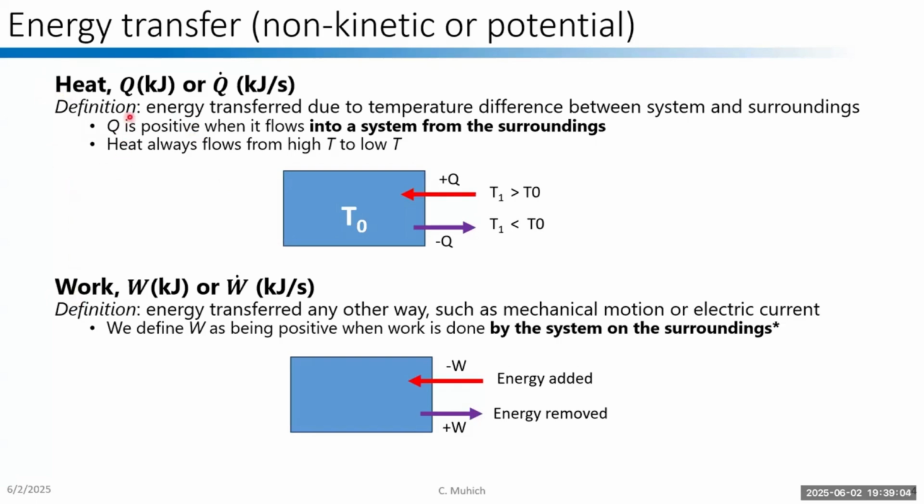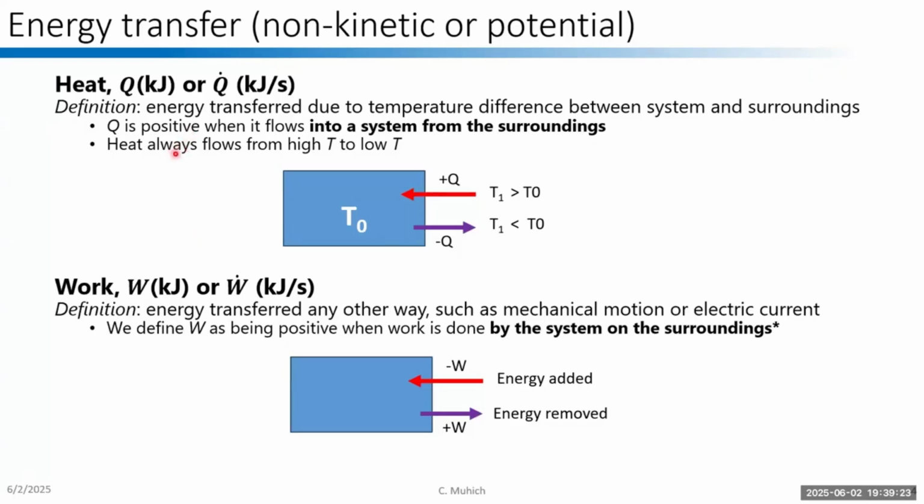Heat, which we'll refer to as Q, or Q dot if it's in terms of a rate, is the energy transferred due to a temperature difference. So it's energy that's coming in because energy is going to flow from something hot to something cold.